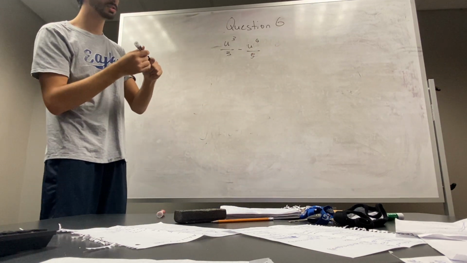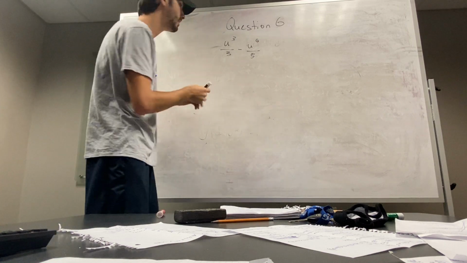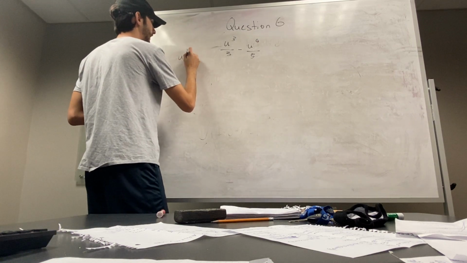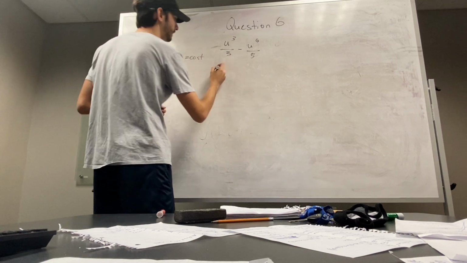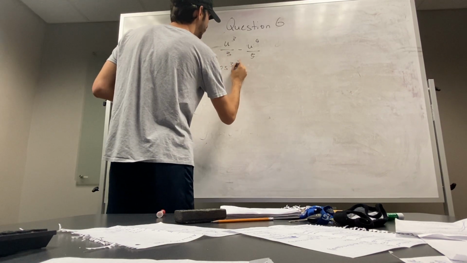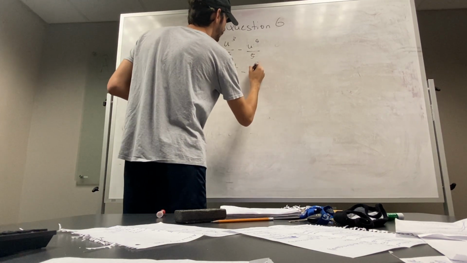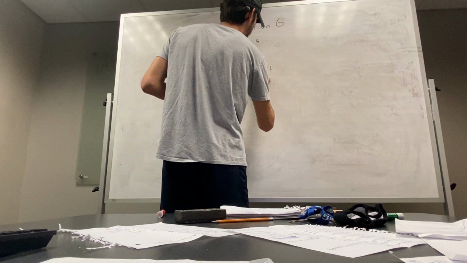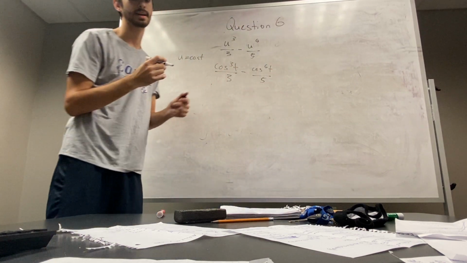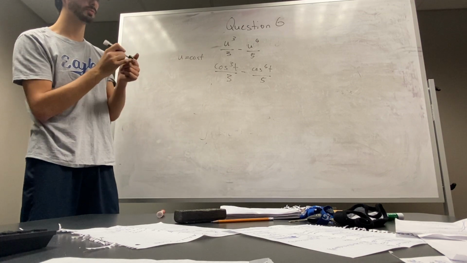Now we need to undo our substitution. So our substitution was u equals cosine t. Okay, now we have cosine cubed t over 3 minus cosine to the fifth t over 5. All right, we're not done. We have another layer to do as well.